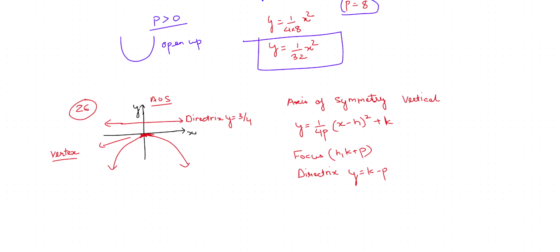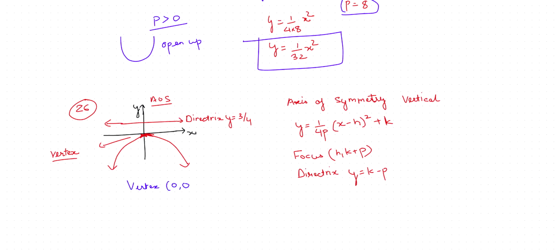So when the axis of symmetry is vertical, we use the equation y equals 1 over 4p times (x minus h) squared plus k. This equation we'll use to find the equation of the parabola. Here again, the vertex is 0, 0, so h and k are 0, 0.